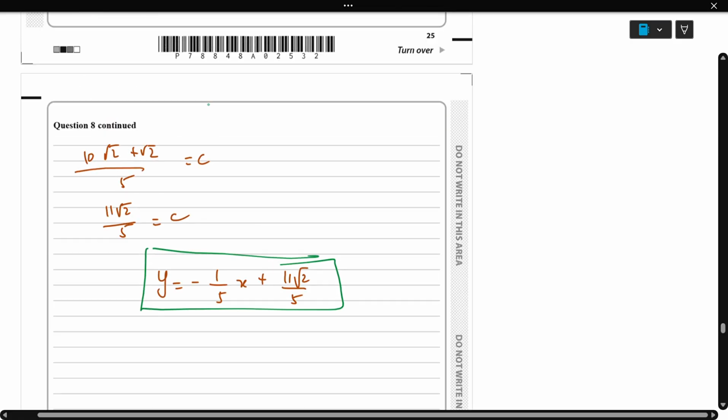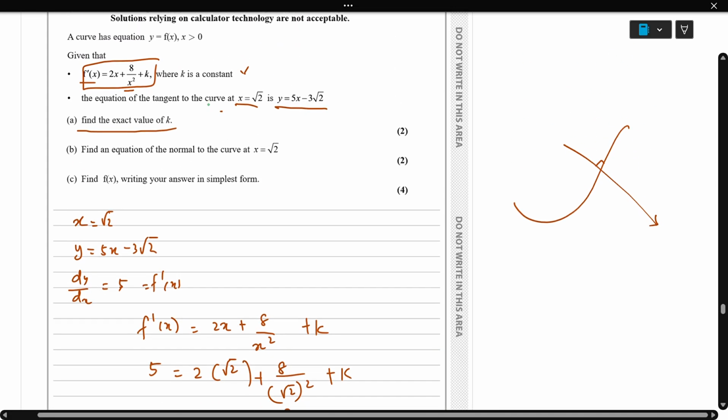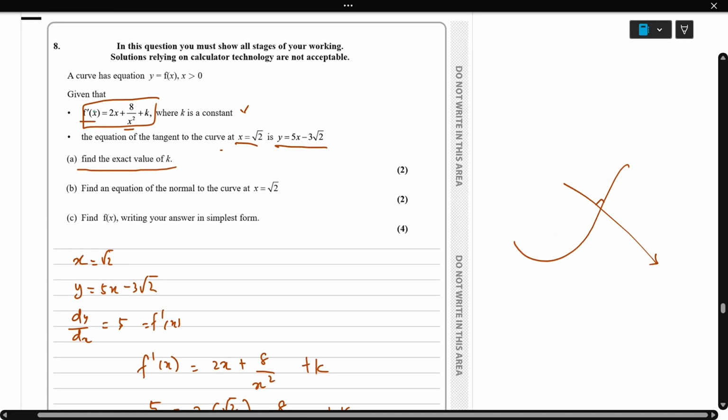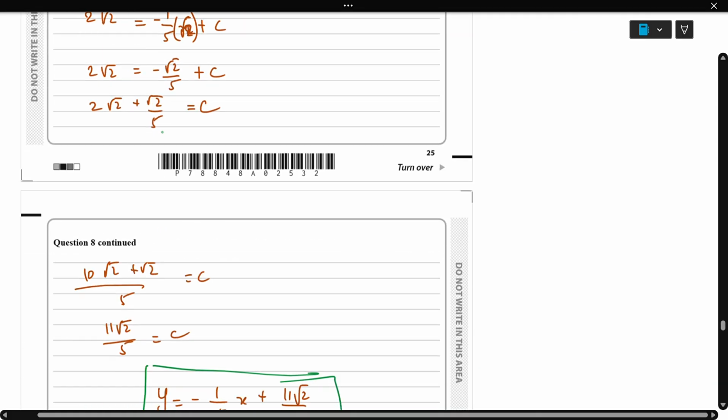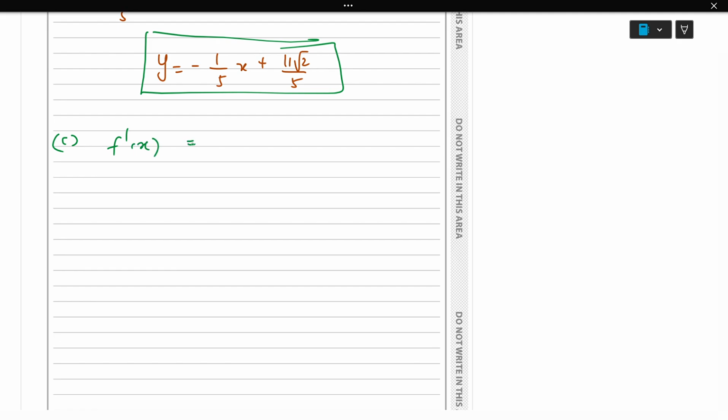Also we have done. Next, what we need to find? We need to find f of x, writing your answer in simplest form. So f dash of x is equal to, so now we are doing part C. f dash of x is given as 2x plus 8 by x square plus k.